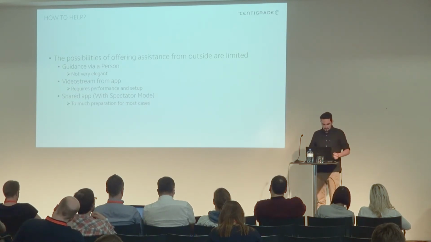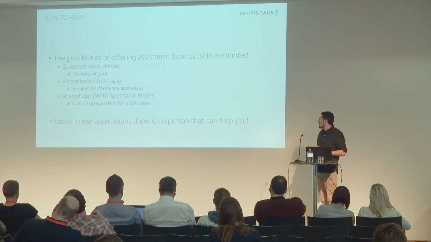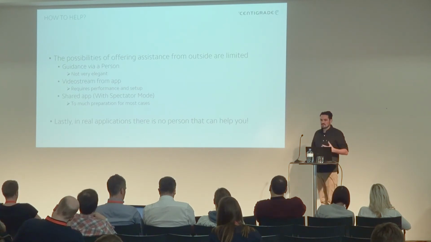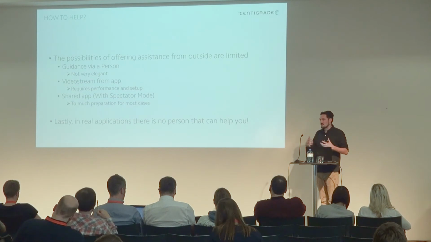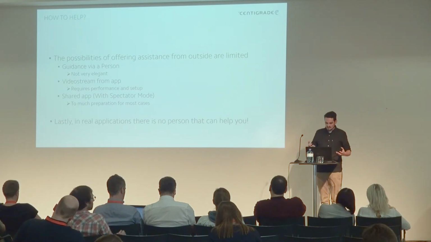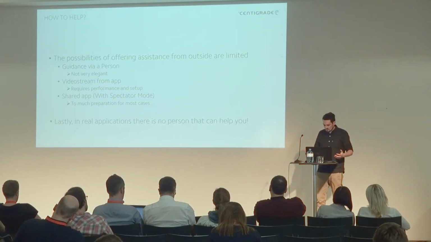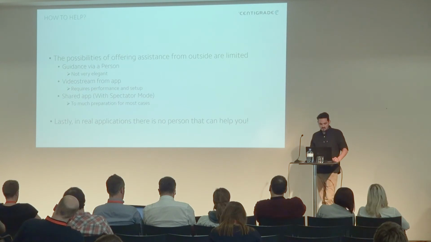And when you think of the future, there won't be, in real-life applications anyway, any persons who can help you in your field, like when you're standing in a warehouse or something. So you have to help yourself, or the application has to help you with navigation.